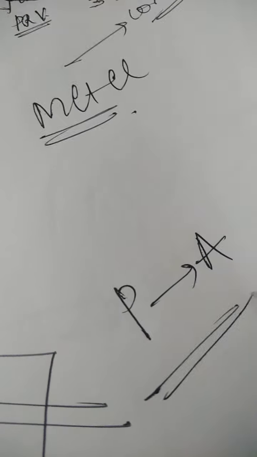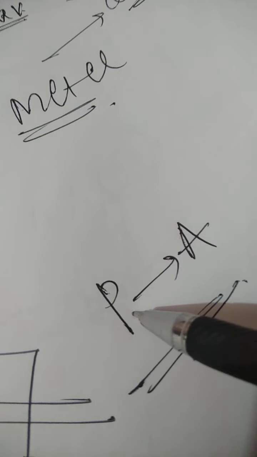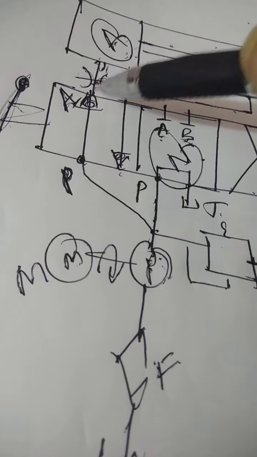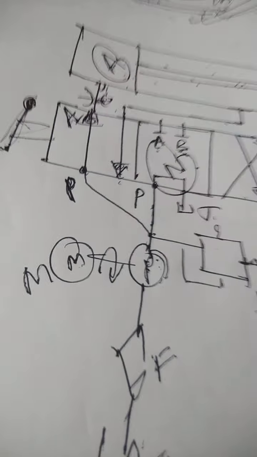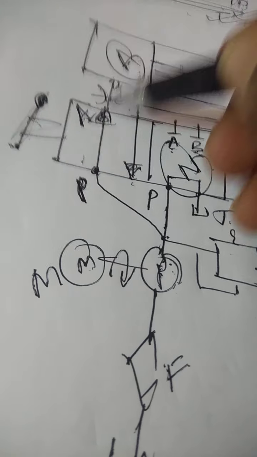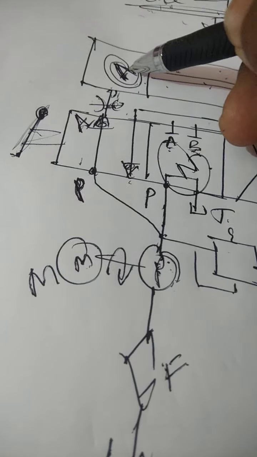Therefore, this is very important here. P is connected to A, meaning the pressure line is connected to the supply line A. Whenever the pressure line is connected to the supply line A, the fluid is moving into the piston area of the cylinder.